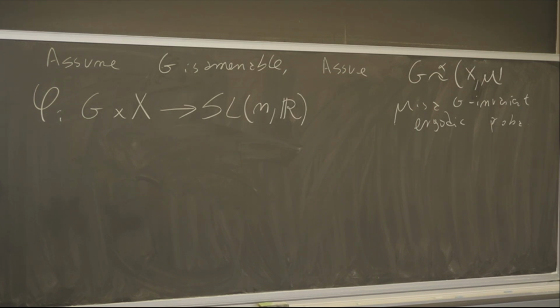Now I will state a not so enlightening theorem, but it's easy to state, which is Zimmer's amenable reduction. And then the point is to explain what really the theorem is saying. And actually, the proof is even more enlightening than what the theorem is saying.